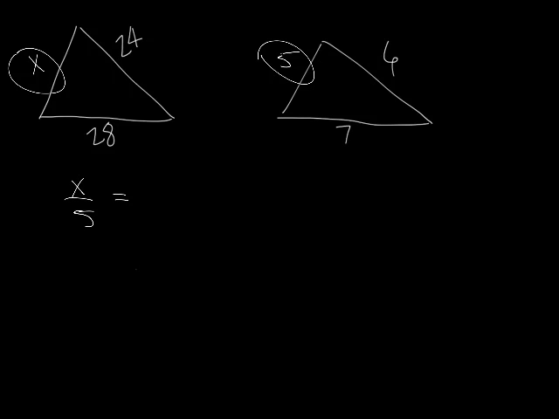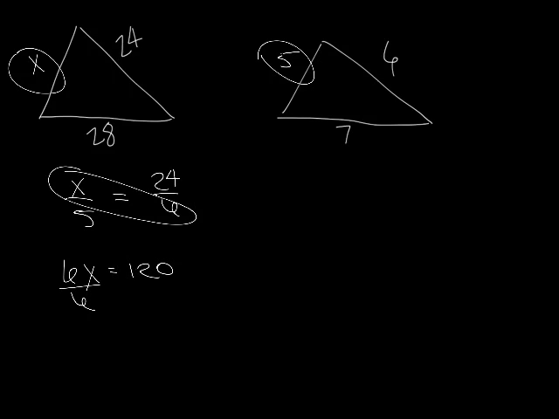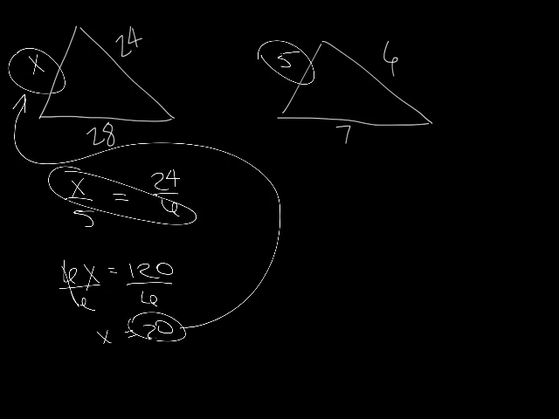You could choose 24 over 6, or you could have chosen 28 over 7. It doesn't matter, because if they're similar, it's going to work. And then you cross multiply, and then 24 times 5 is 120. Divide by 6, divide by 6, x equals 20. So this length right there is going to be 20, since it's similar or proportional to that one.